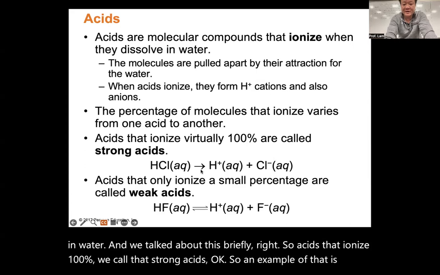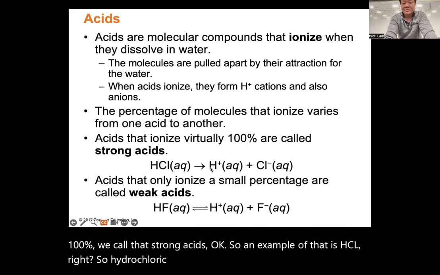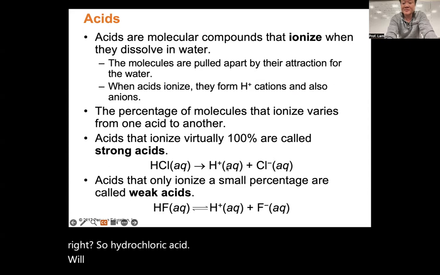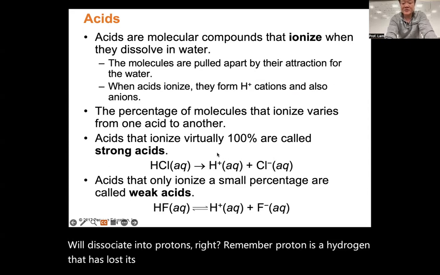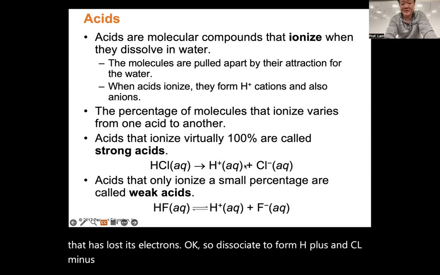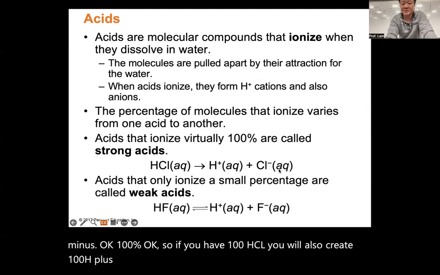Hydrochloric acid will dissociate into protons. Remember, a proton is a hydrogen that has lost its electron. So it dissociates to form H+ and Cl-, 100%. So if you have 100 HCl, you will create 100 H+ and 100 Cl-.